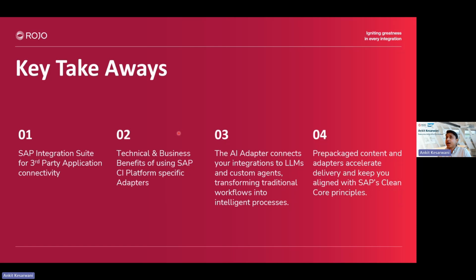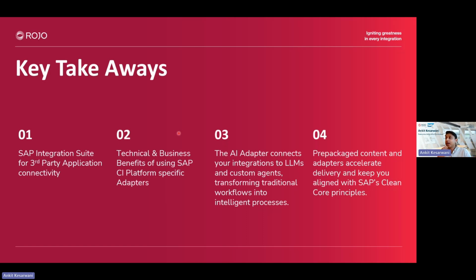So I think here we are. Once again, I will highlight the key takeaways from this session. One is that Integration Suite is the answer for all your third-party connectivity in your ecosystem. That's one. And there's a lot of reason why you should be using third-party adapters, application-specific adapters, rather than going for a custom-made solution using HTTP or open connectors.